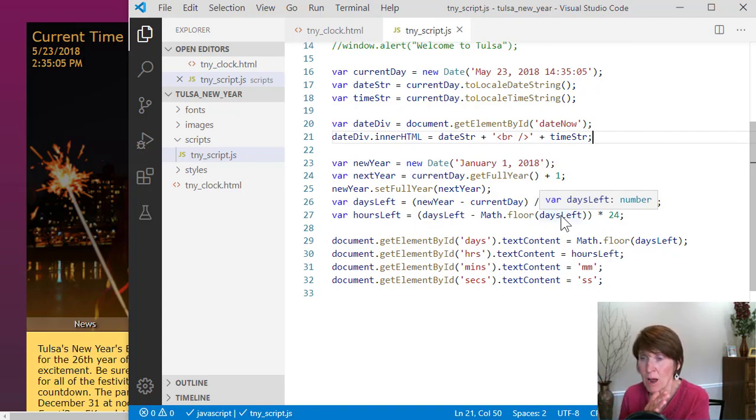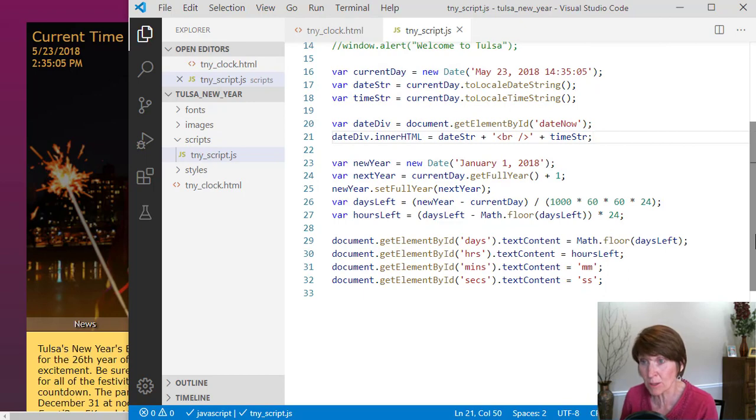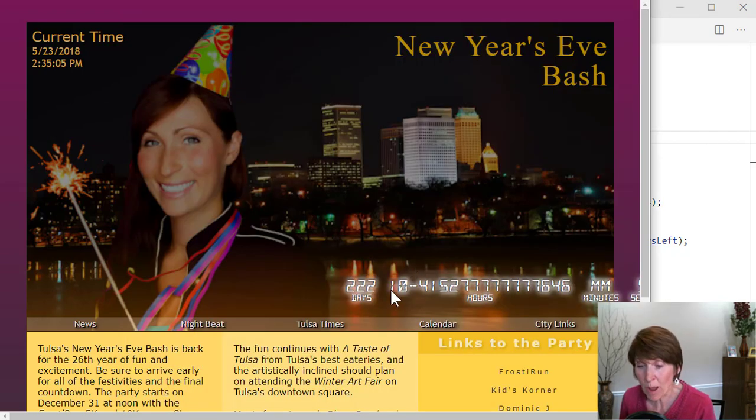So we get an extra hour. Well, the date object is smart enough to know even about daylight saving time, and we don't have to deal with that. We can do that subtraction, and it will actually give us the right number of hours, including the hour we picked up during daylight saving time. So that's pretty handy.